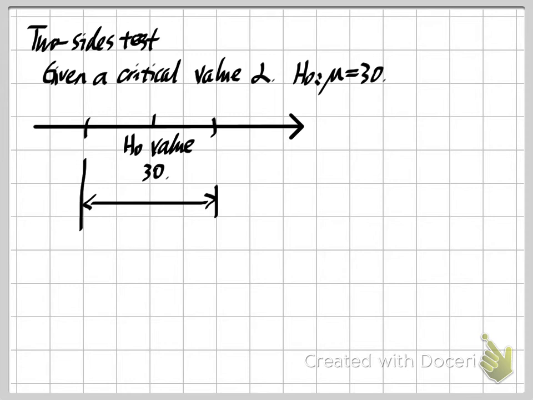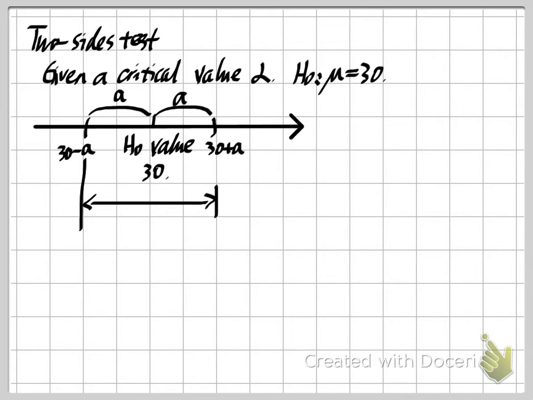So for example, if the distance on the left and on the right with respect to our H0 value is denoted by A, then the left endpoint of this interval is 30 minus A, and the right endpoint is 30 plus A.